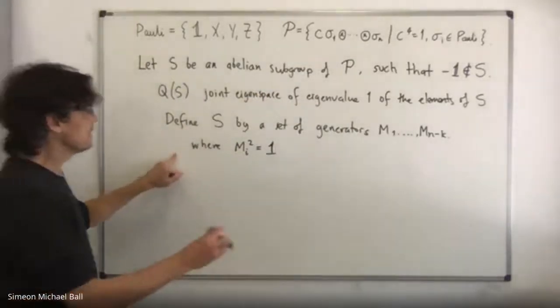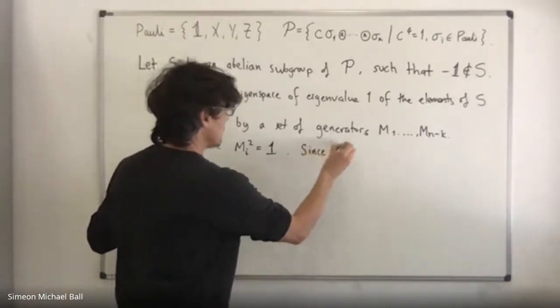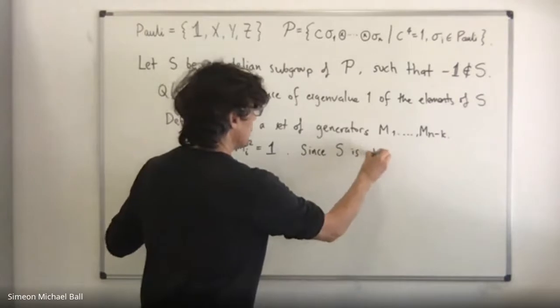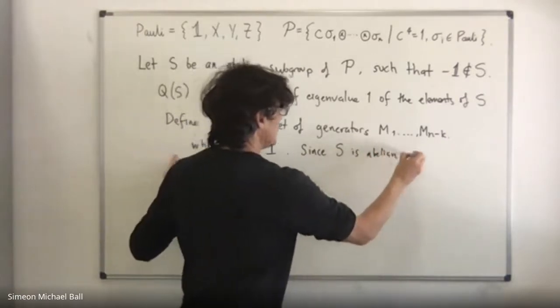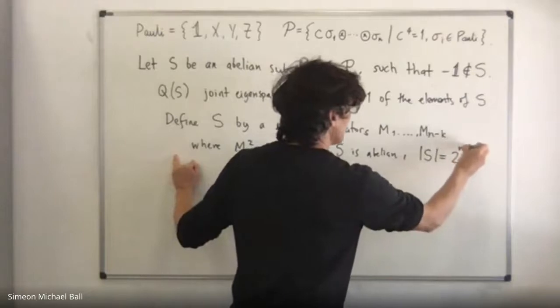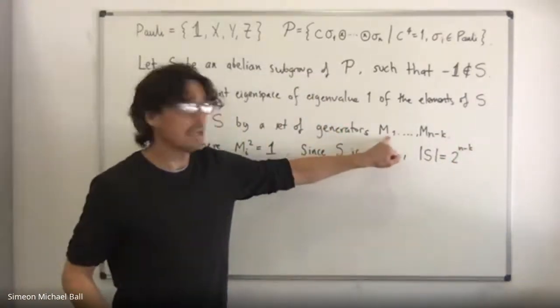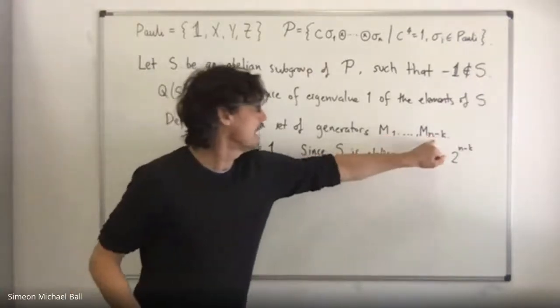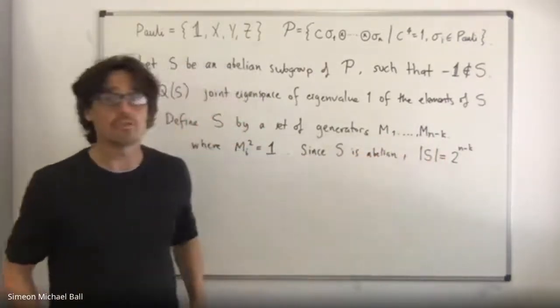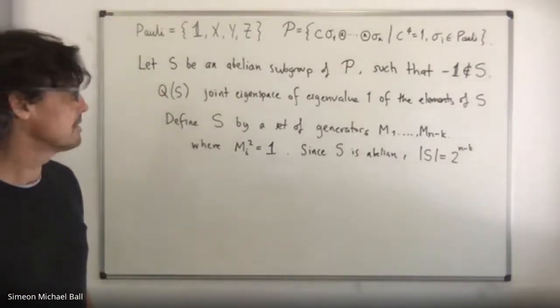And since it's abelian, this implies the size of S is 2 to the n minus k. So the elements of S precisely take a subset of M1 to M(n minus k), and you will get elements of S.